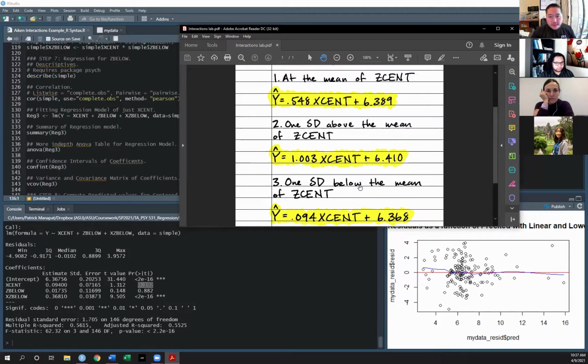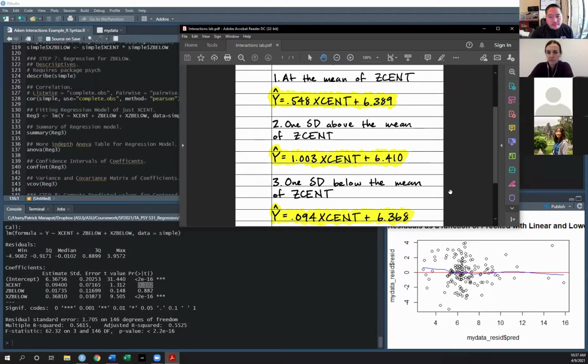So essentially what we've done here is we've almost turned z into a discrete variable. So it's continuous, but we're looking at the relationship of x and y at the mean of this variable, one standard deviation above the mean of the variable, and one standard deviation below the mean of the variable.